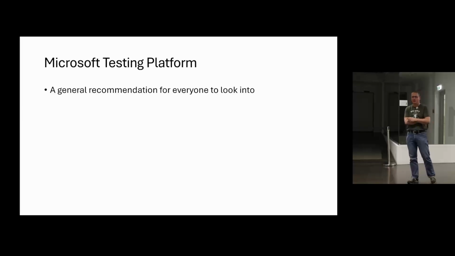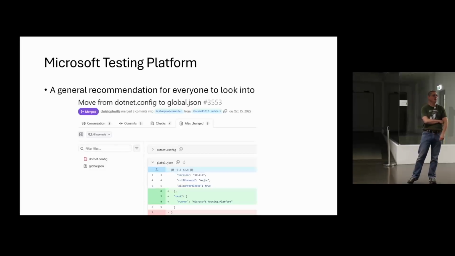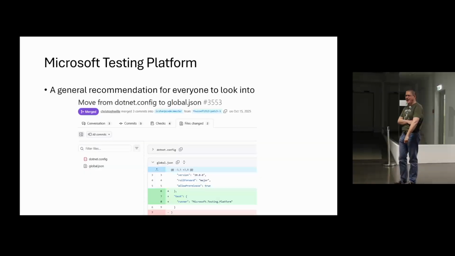One thing that I do recommend, though, is going looking for the Microsoft testing platform. Funny story, we started out early on, and then the Microsoft team came around because Yusuf is a member of the Microsoft team, because in the last RC, more or less, they changed how to activate the Microsoft testing platform.